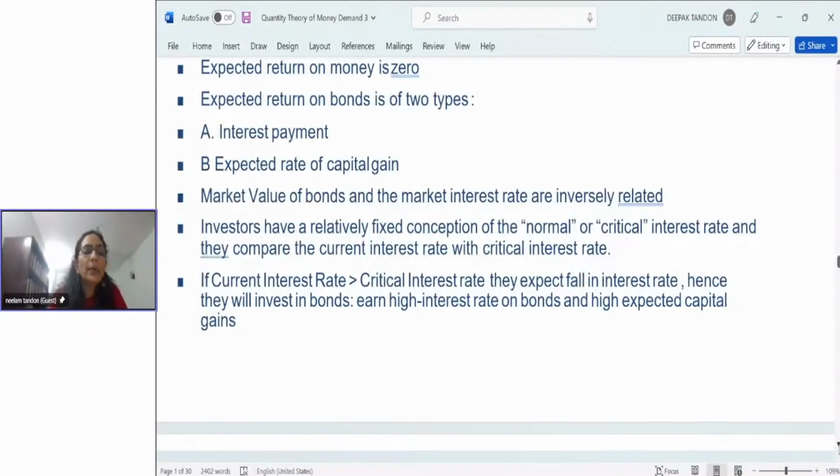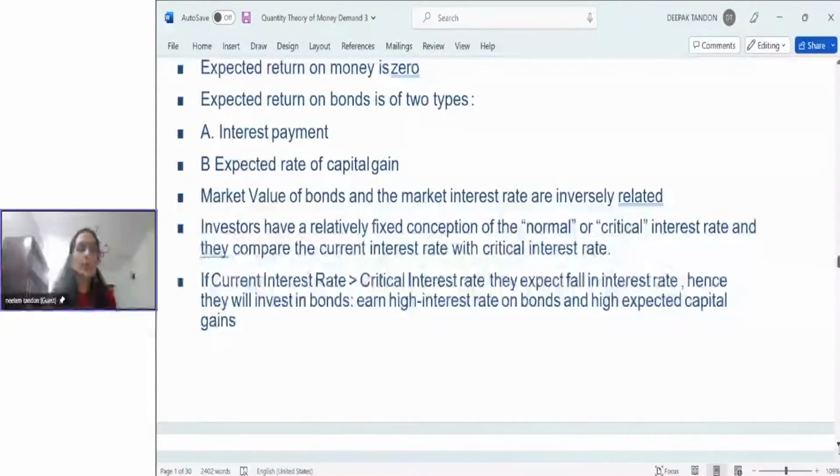When will you invest? When you know that the current interest rate is greater than the nominal or the critical interest rate. This is clear? This is clear to all of you? So what is the relationship between current interest rate and the normal interest rate? If the current interest rate is greater than the normal interest rate, then in that case, you know or you believe that in future for sure it is going to decrease.